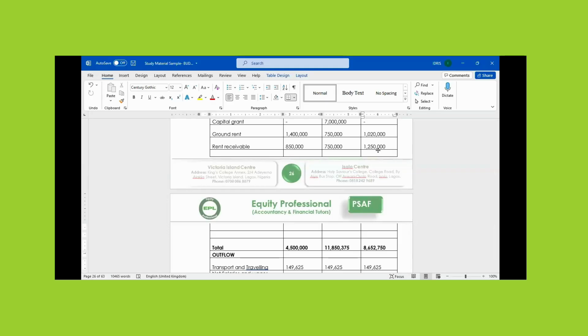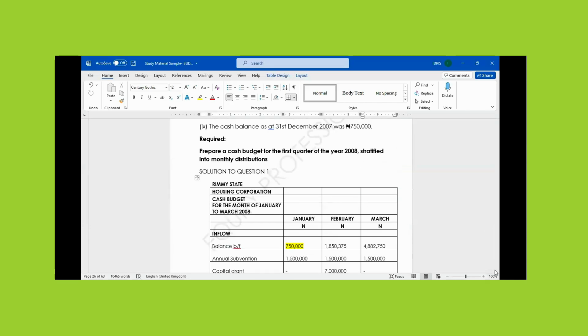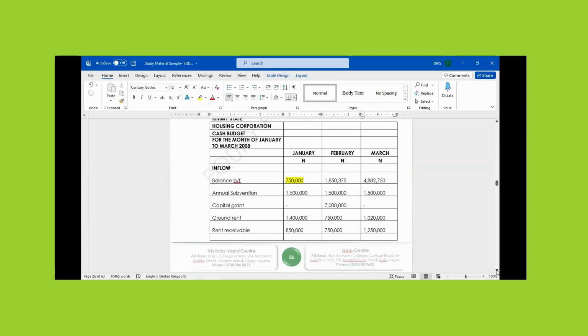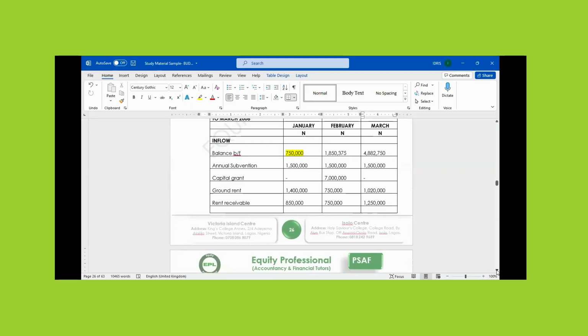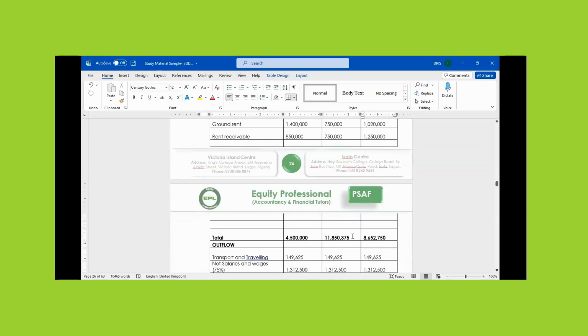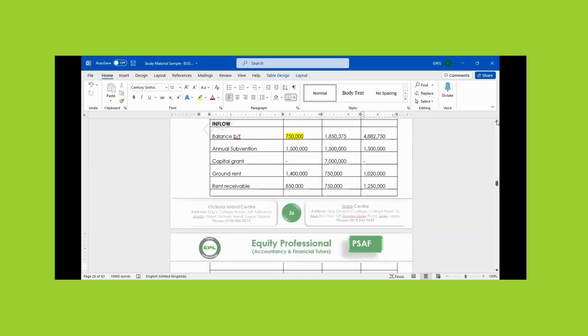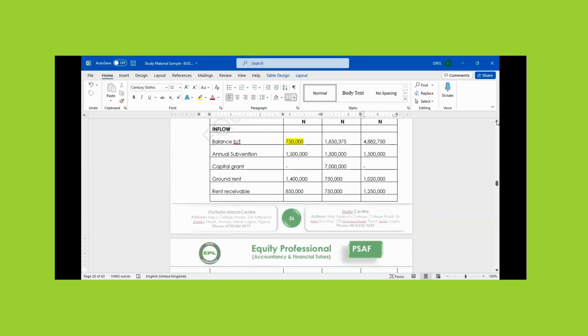What we need to do, let's total the January figure. Let's add the total of January. What is the total for January? 750 plus 1.5 plus 1.4 plus 850.